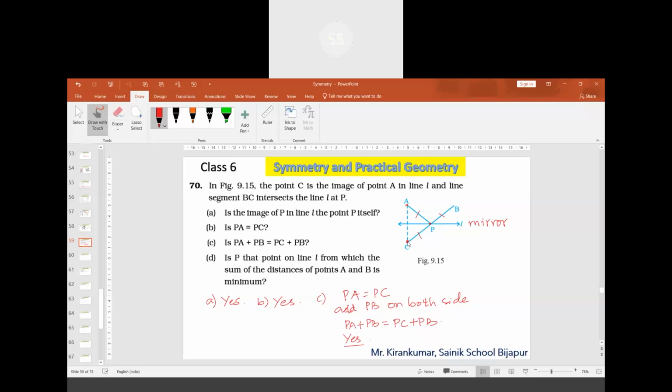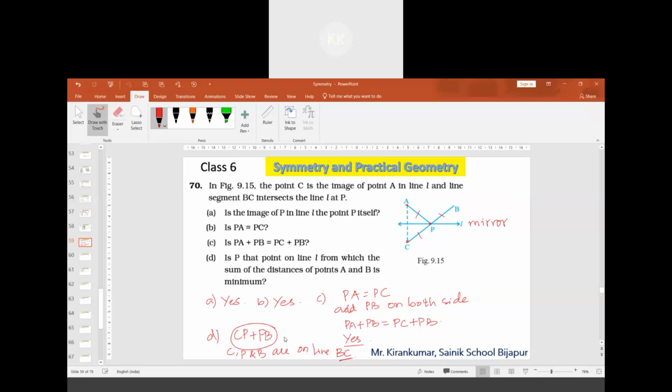If I add PB plus PC, this will be a minimum distance when C, P, B are on a line. CP, when it is considered along with PB, points C, P and B are on line BC, correct?